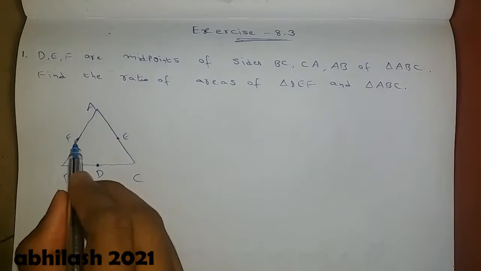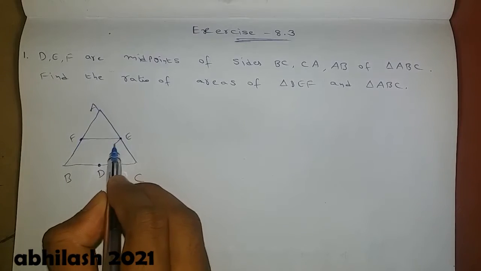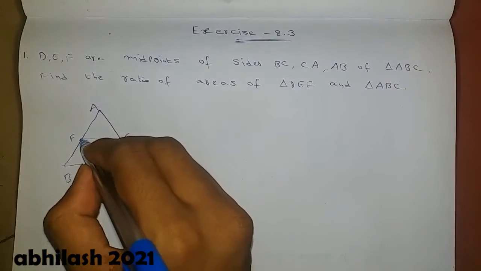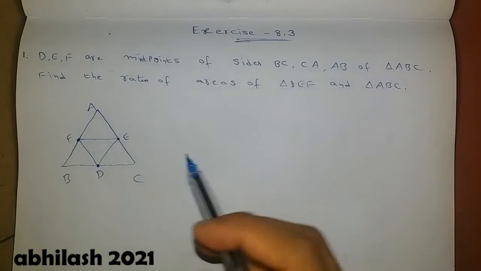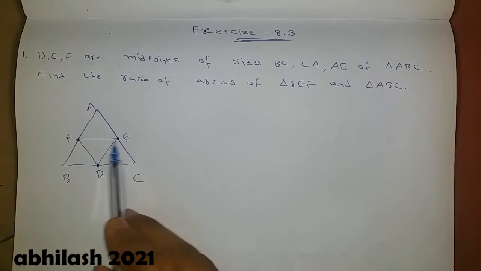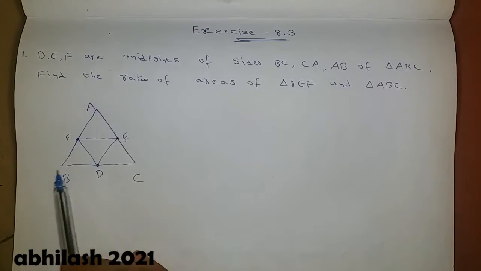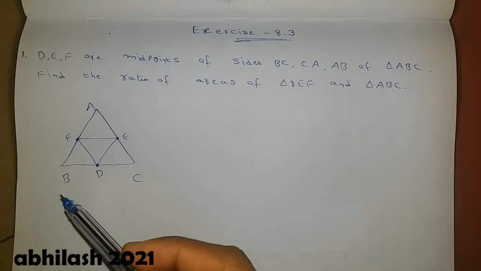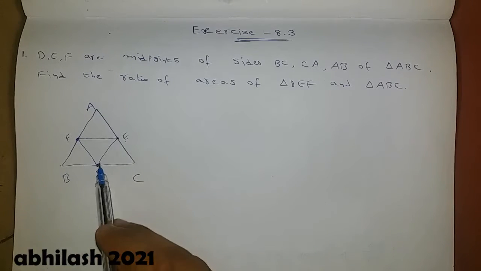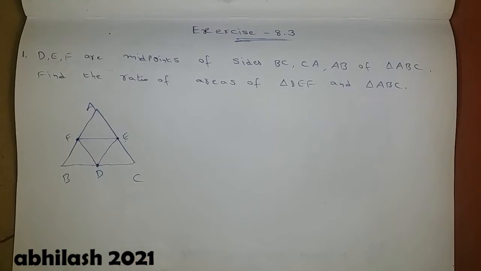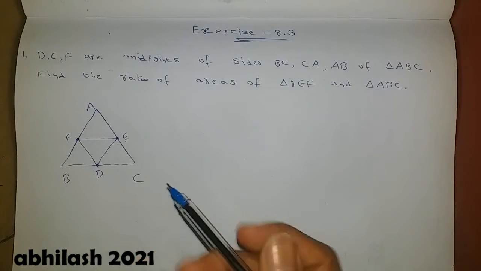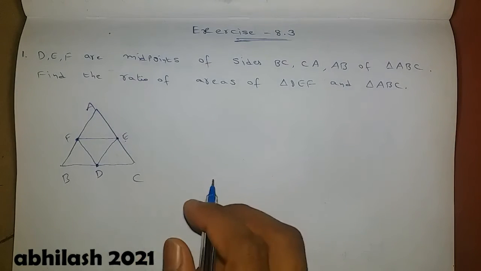So now if we join these DEF points, we will get one more triangle. So now we have one small triangle DEF and a big triangle ABC. We need to find the ratio of the areas of DEF and ABC, smaller triangle area to bigger triangle area.